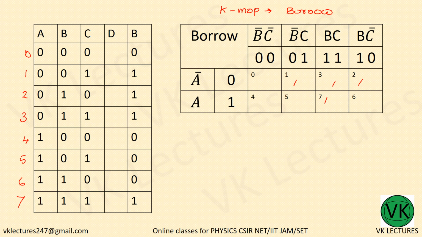combining. So here we have the first group, this is the second group, and here you have the third group. So first group says let us write down the borrow itself.